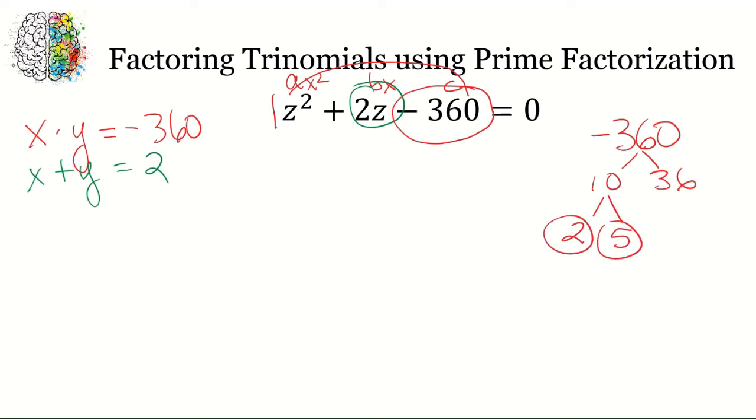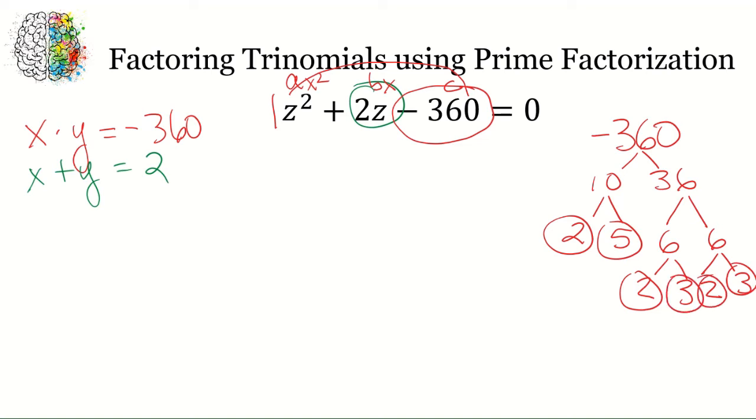I can break my 36 down to a 6 and a 6. And 6s are not prime numbers, those can be broken down again. So that's a 2 and a 3 and a 2, 3. And so now I have all of my prime numbers.